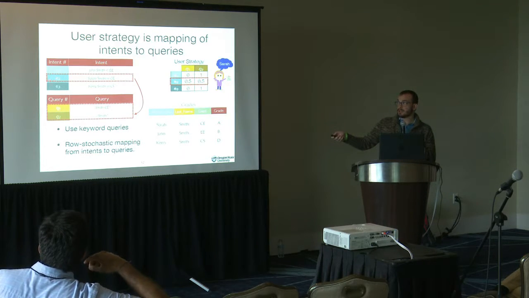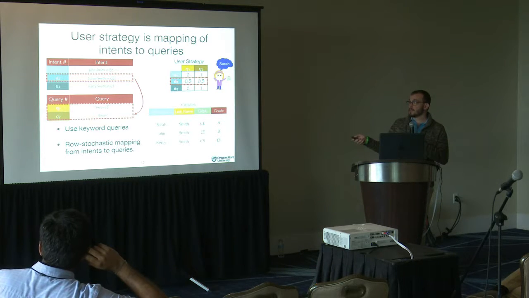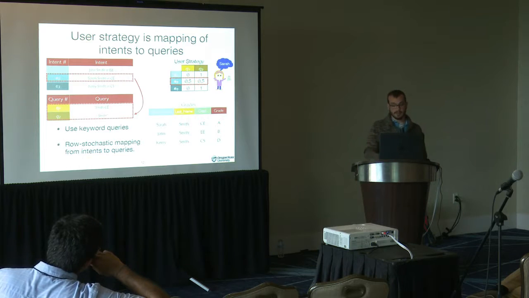If we're looking at intent 2, the user wants to find Sarah Smith in the CE department, they're going to express that with two different queries, Smith CE or Smith. And this is all in this user strategy up here. This is a row stochastic mapping from the intents to the queries. So with intent 2, the user is going to have a 50-50 chance of submitting either query 1 or query 2 to the database system.